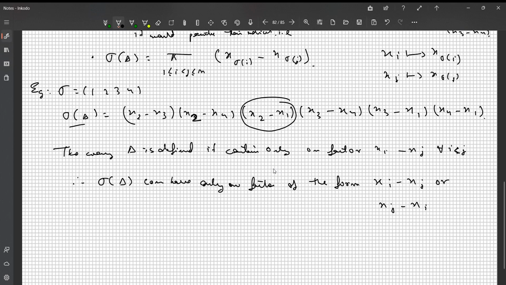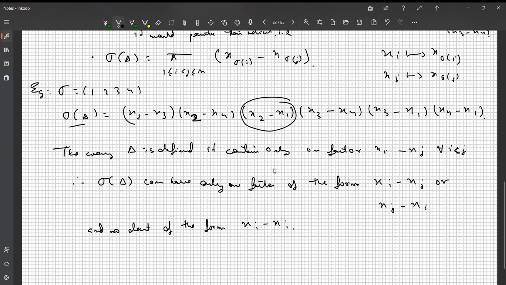So you had one factor of the form x1 minus x2 in delta. So sigma delta has only one factor of the form x2 minus x1, and x2 minus x1 is nothing but xj minus xi form, right? Because the indices are still in the block n only, so the indices won't change. So if you have one element of the form xi minus xj in delta, you will obviously have one element of the form xj minus xi or xi minus xj itself from sigma delta.